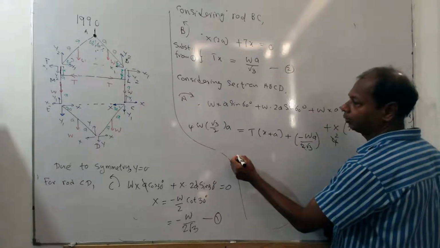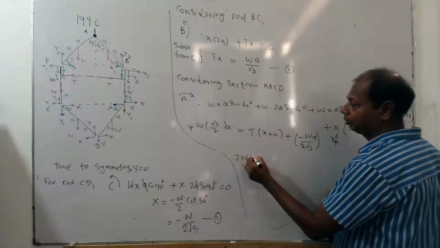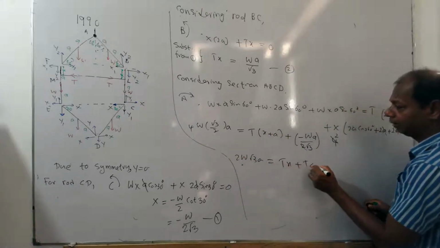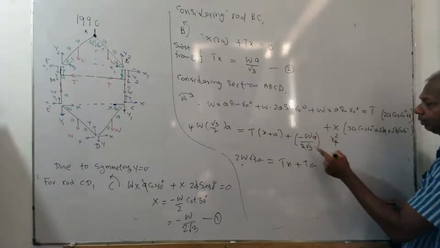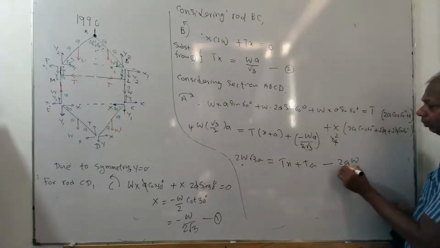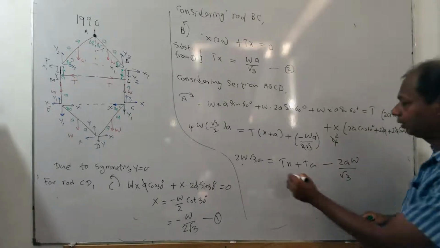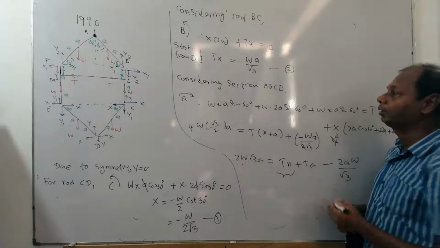So 2W root 3 A equals expand this: TX plus TA minus 2AW over root 3. Work it out, and TX can be taken from here.